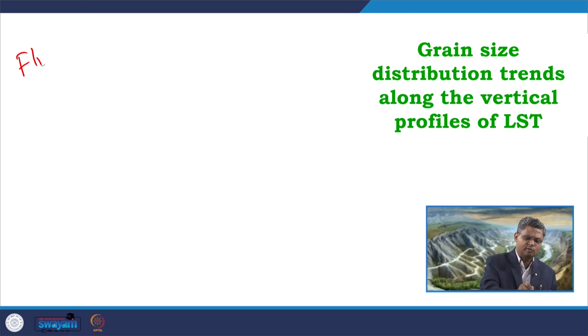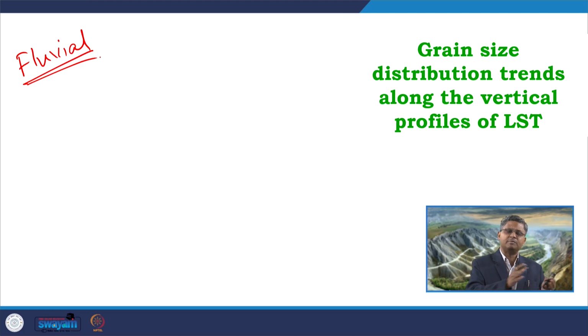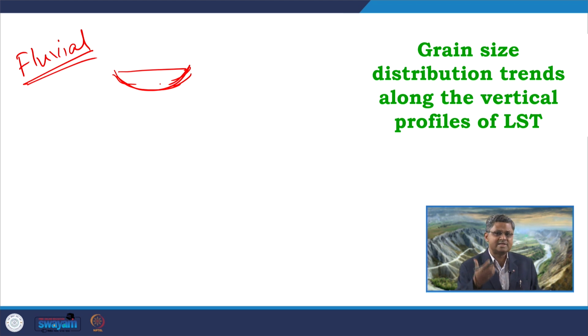If I start with the fluvial system, in the fluvial part we have already discussed the depositional processes, mechanisms, and the overall response with respect to the product that we get in the fluvial system. Definitely in the initial part of the fluvial system, what we get dominantly are the channel fills, and these channel fills are nothing but the filling up of the incised river valley channels.